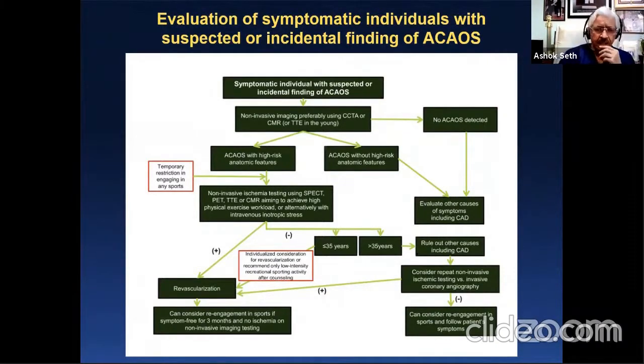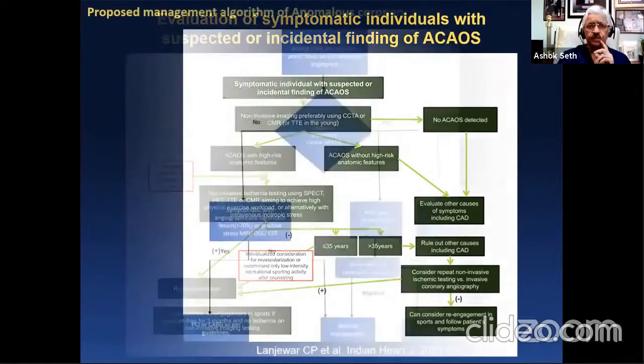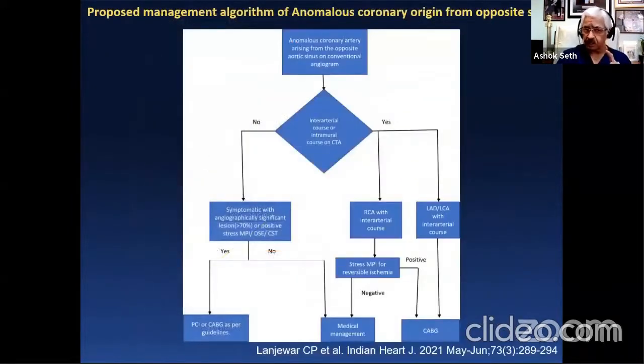And of course, if there is ischemia, one may tell them not to do severe exercises, put them on beta blockers, and watch them. If they document severe ischemia, one may want to revascularize them. Beyond the age of 35 years, we just rule out other causes of coronary artery disease and keep them under observation. This is for the right coronary artery arising from the left sinus, following an interarterial course. Anything else is absolutely no big deal.